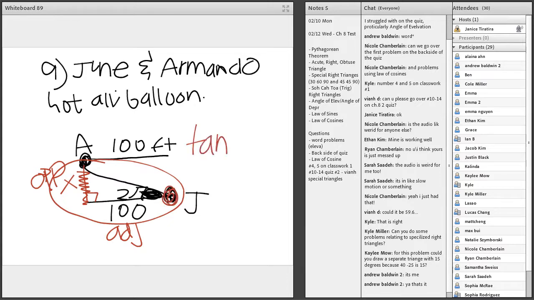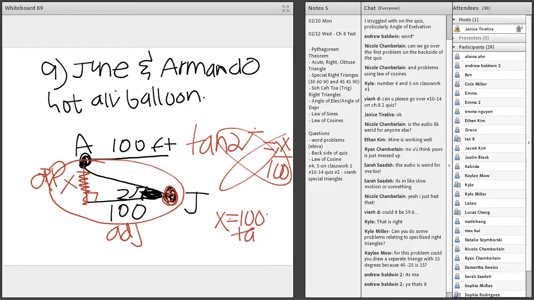It's tangent again. So tangent 25 equals x over 100, cross multiply, x will equal 100 times tangent 25. Put that in your calculator. This is round to the nearest tenth for mine. So this ended up being 46.6.